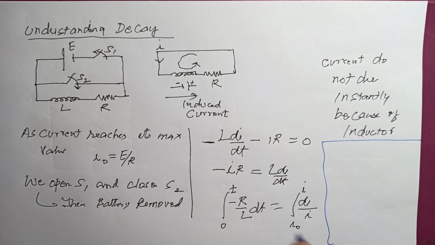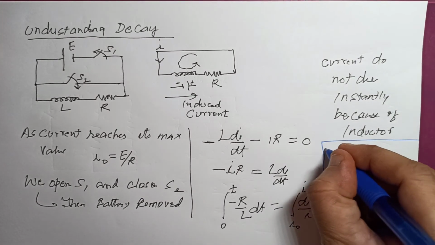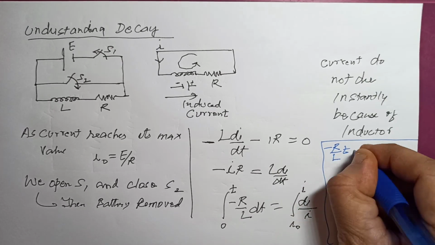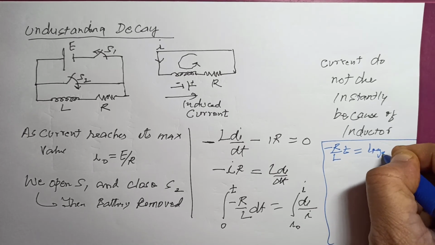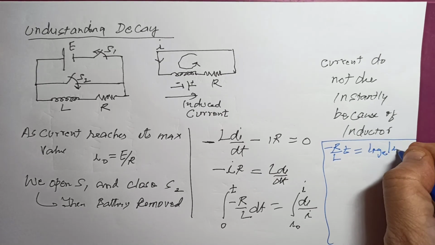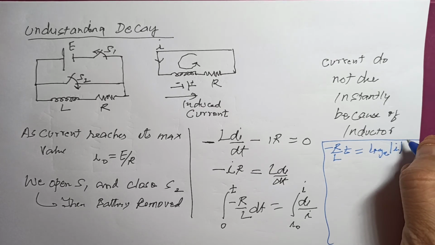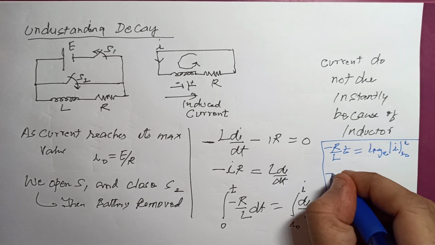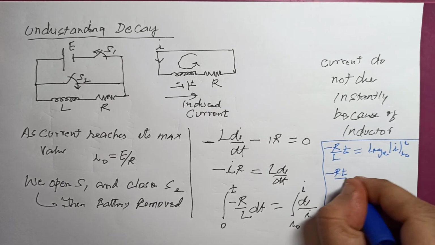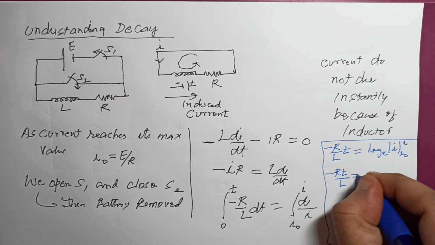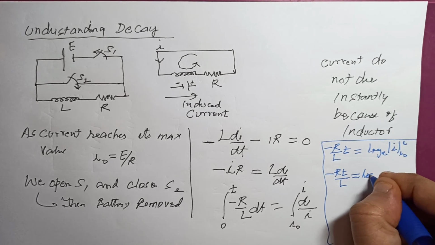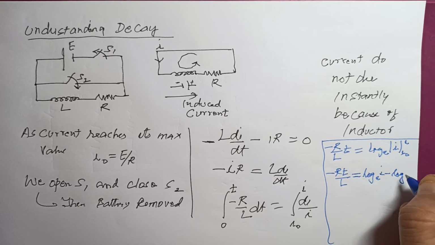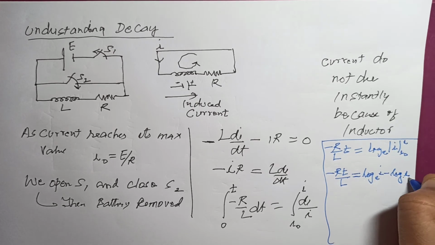Further, after integration we will see: minus R by L t is equal to log of mod I, as you know, I'm integrating it from I naught to I. It will become minus RT by L is equal to log I minus log I naught.